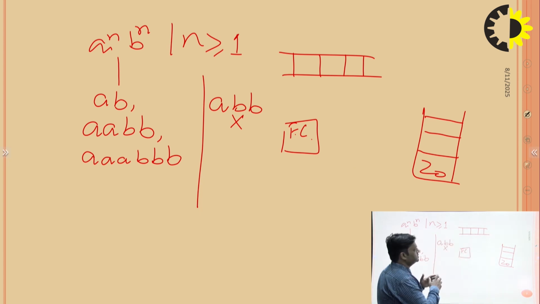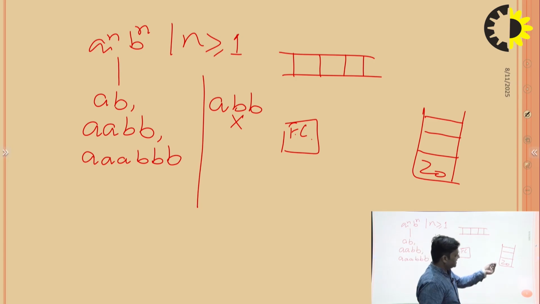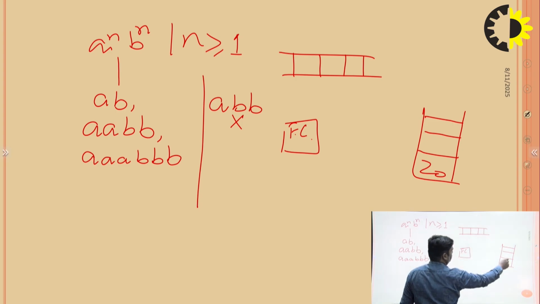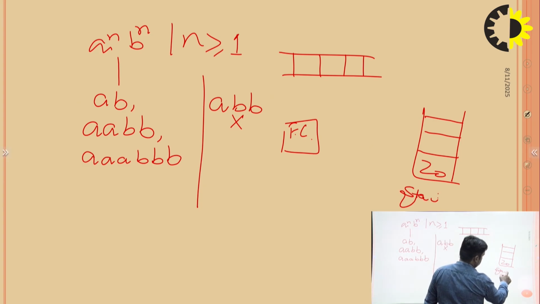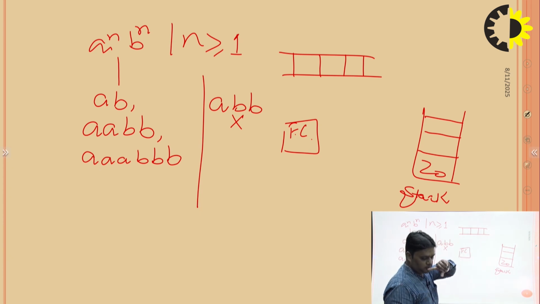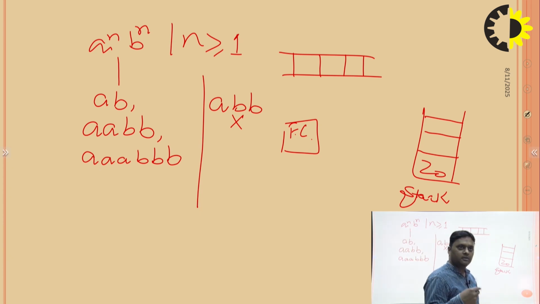So we use a PDA for this. Here we use a stack, and the number of symbols in the stack can be infinite. So we take this example to see how PDA works.